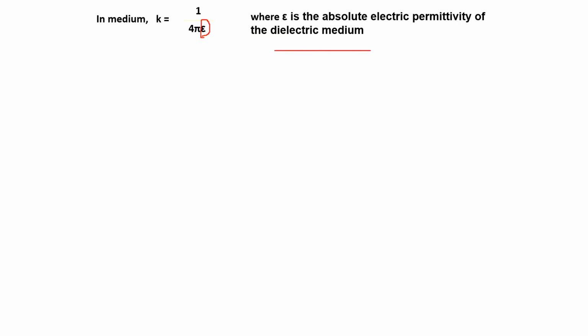But if the medium between the two charges is other than air, then the value of K is written as 1 upon 4 pi epsilon, where this epsilon is the electrical permittivity of the medium. The value depends upon the medium. It is also known as dielectric constant, relative permittivity, specific inductive capacity, or dielectric coefficient.